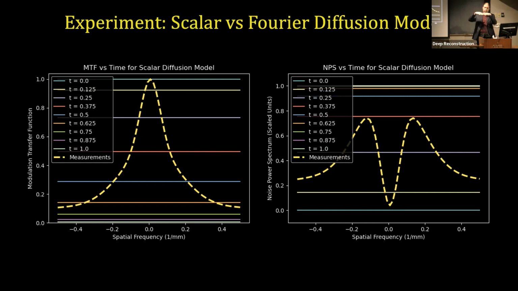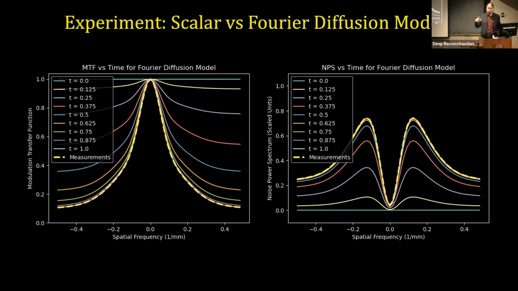The noise power is coming up uniformly, even though if you're doing FBP reconstructed CT data, you tend to get this kind of mid-frequency donut in your data. In contrast, the Fourier model starts with that uniform MTF, comes down to what you see in the data, and the same thing happens in opposite with the noise, up to that mid-frequency donut.